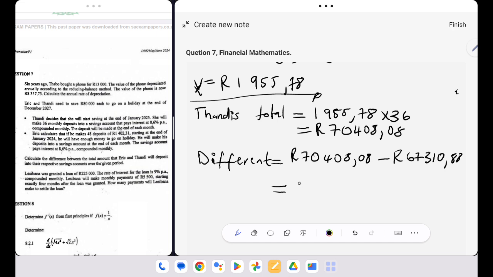So the difference in the total money that will be paid is 3,097.20.